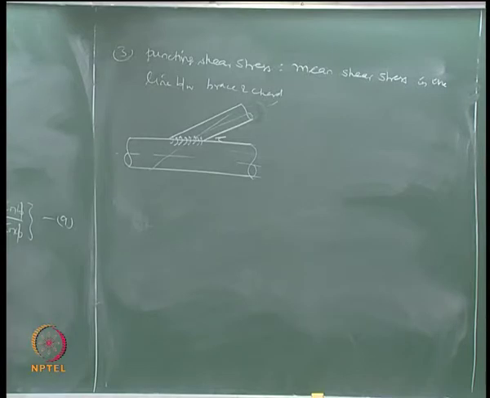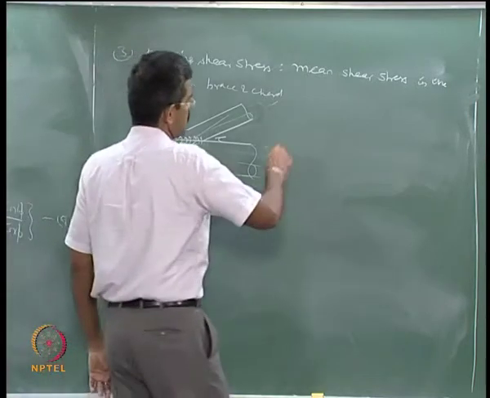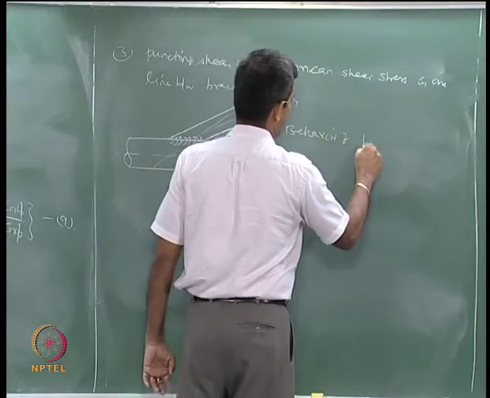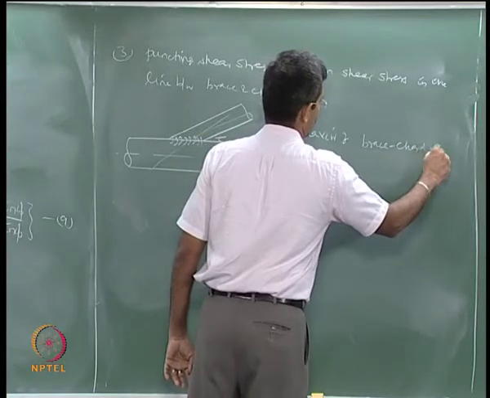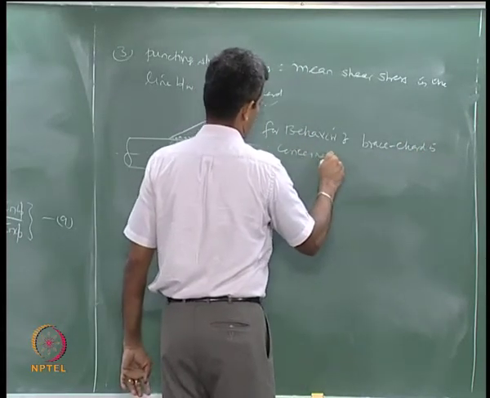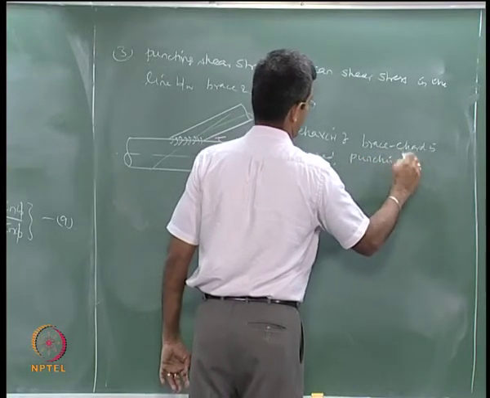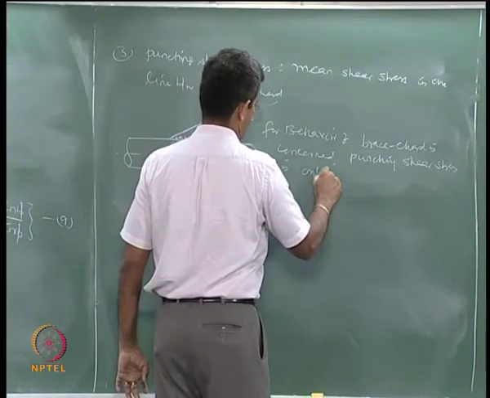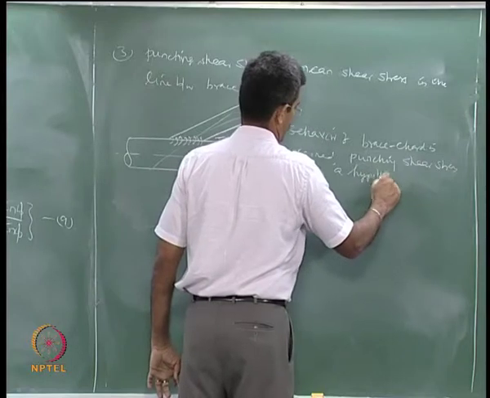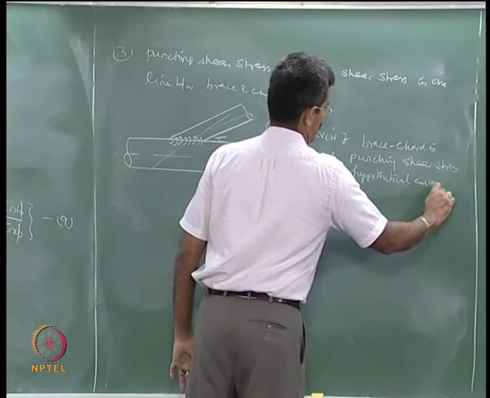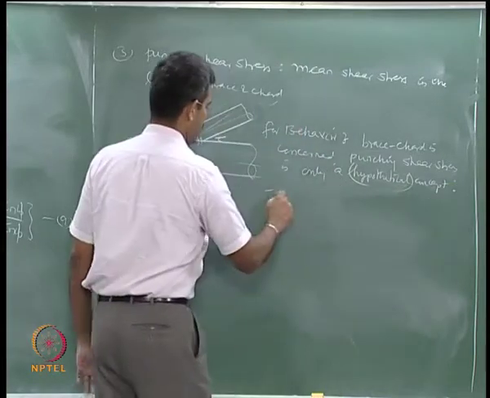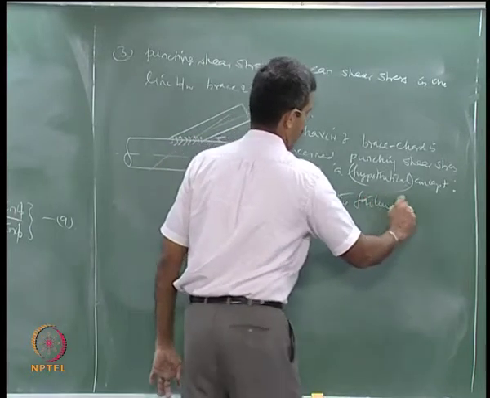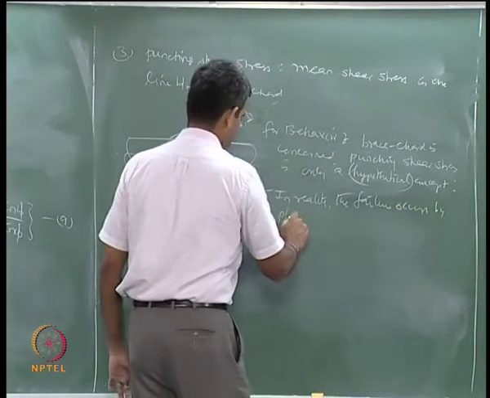It will be tau. Now, as far as the behavior of brace chord is concerned, the punching shear stress is only a concept. In reality, the failure occurs by plastic yield.